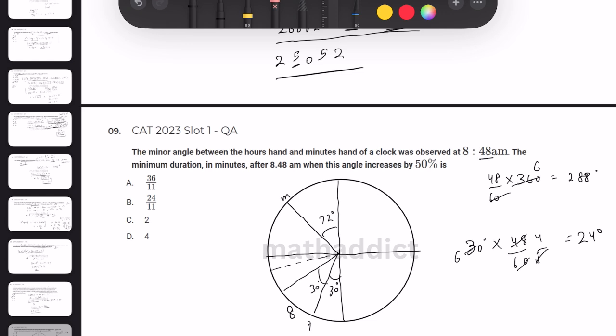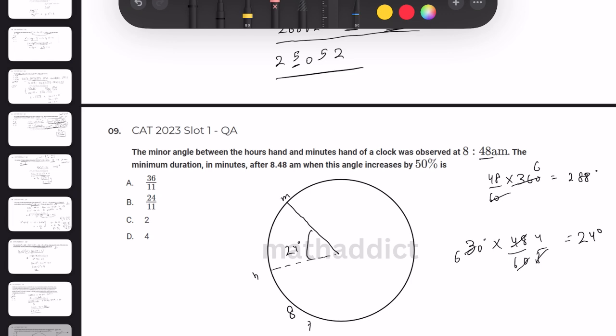So the hour hand is there and this angle is 24 degrees. So this is 6, this is 72, 90 minus 72 is 18 degrees. So the hour hand and the minute hand have an angle of 24 degrees in between them. This is the clock.